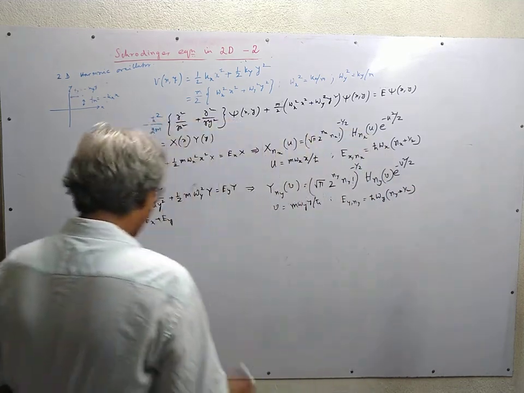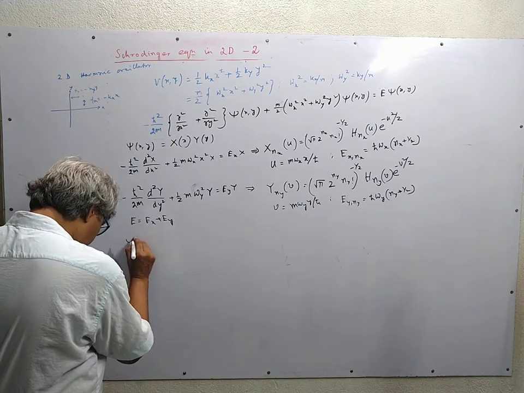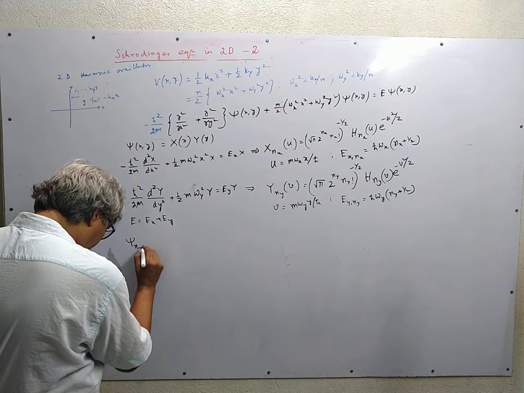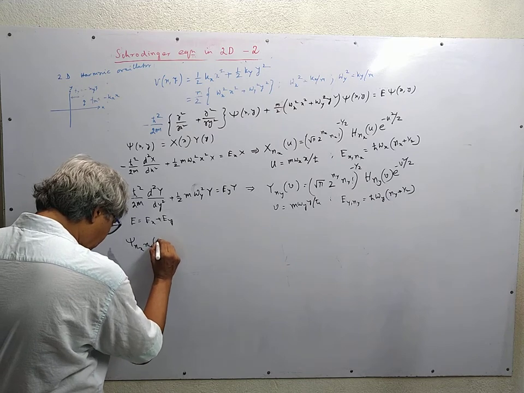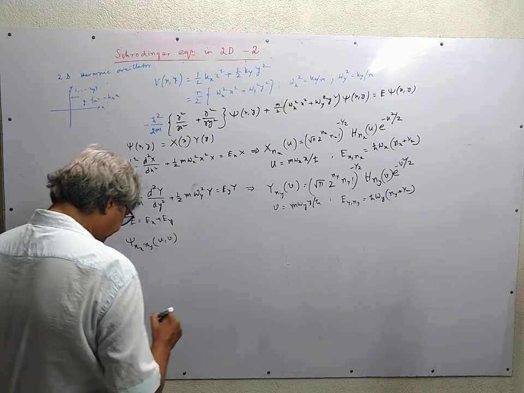So the total wave function now depends on two quantum numbers, in x and y. It is a function of u and v.